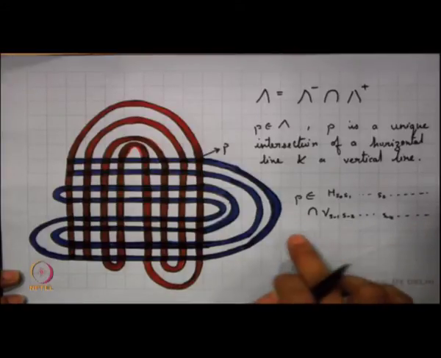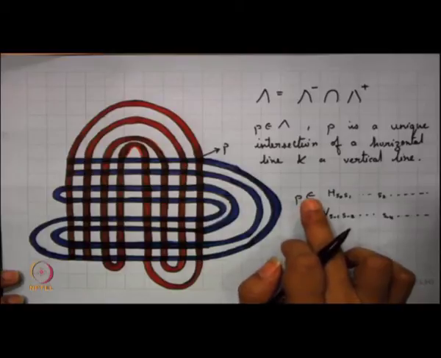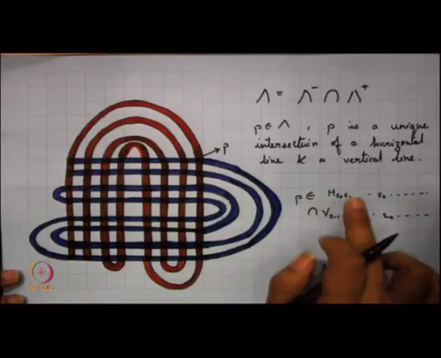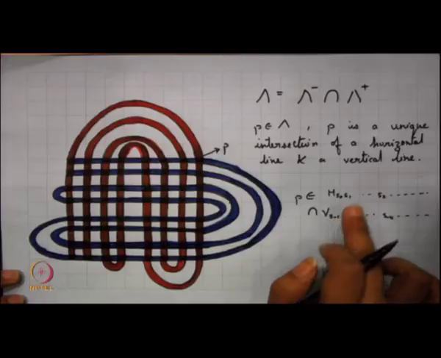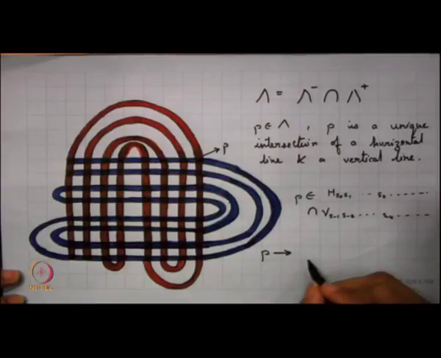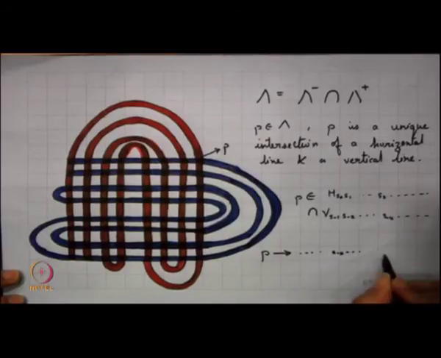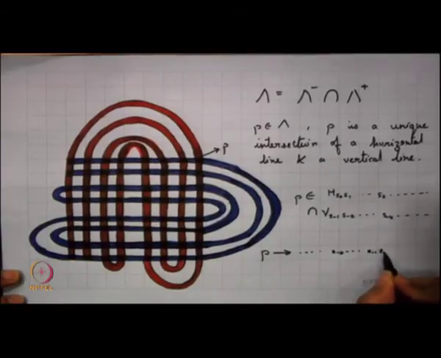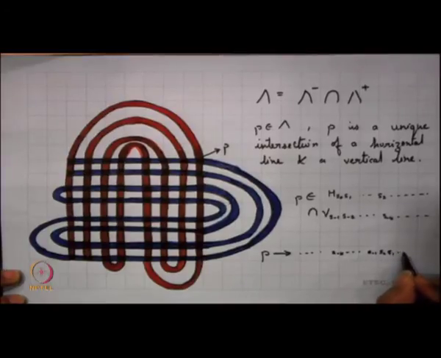So, what we get here is that associated to P we get a unique bi-infinite sequence of zeros and ones. I can say that my P here uniquely corresponds to this bi-infinite sequence. I can write it in this form: s minus k, s minus 1, s 0, s 1, s k and so on.